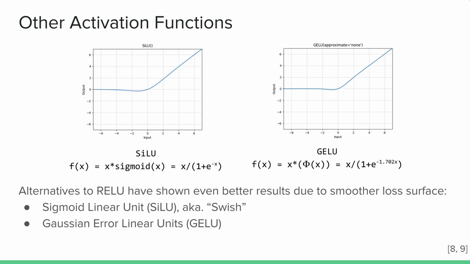This is actually still a quite active field of research, but at least two more recent activation functions I would like to present here. The first one is the sigmoid linear unit that you can see on the left here, and the other one is the Gaussian error linear unit, short SiLU and GELU. And those activation functions have been shown to perform better than the rectified linear unit, and they're still quite easy to compute and have better properties.